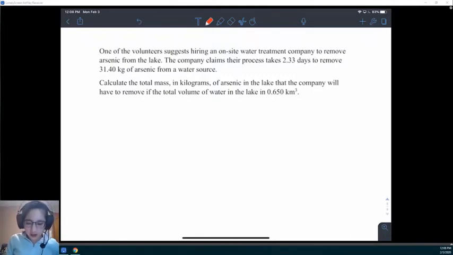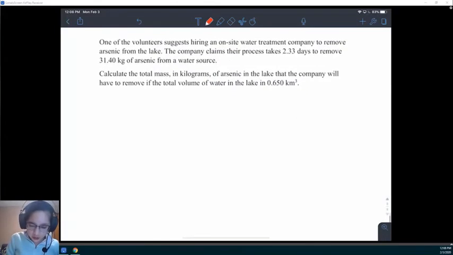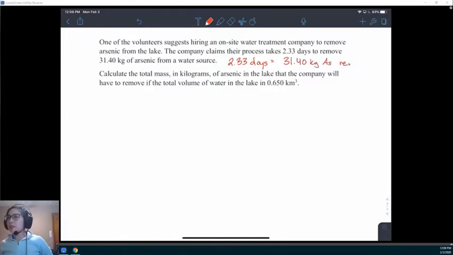So before I even go on, I'm just going to write, okay, 2.33 days is equal to 31.40 kilograms of arsenic removed. We'll probably use that. Okay. Calculate the total mass in kilograms of arsenic in the lake that the company will have to remove if the total volume of water in the lake is 0.65 kilometers cubed.